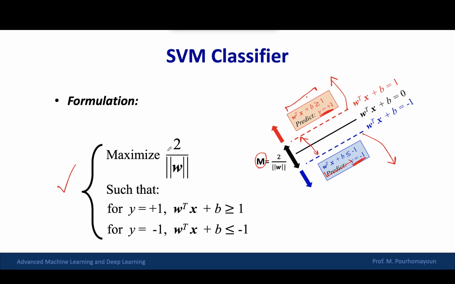I want to maximize this, which is M, such that for positive samples, positive labels, this is the rule. For negative samples, this is the rule. So this is my new optimization problem that I have to solve.